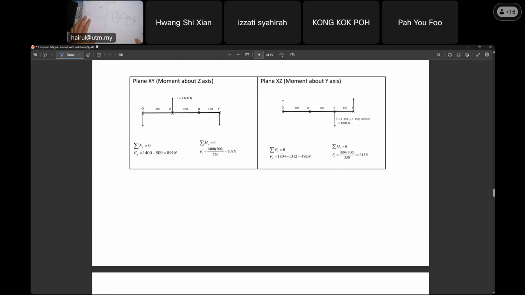We already calculated it: 137.6, that is 32 moment at B over pi d cubed. 137.6 megapascal. That is the amplitude, the alternating value. Clear? Yes, doctor. Right.